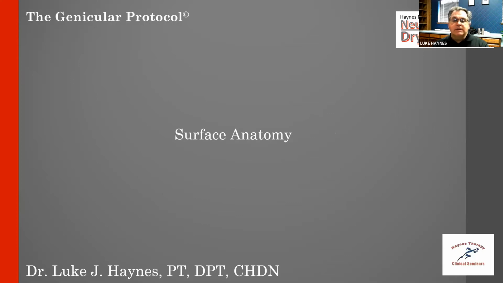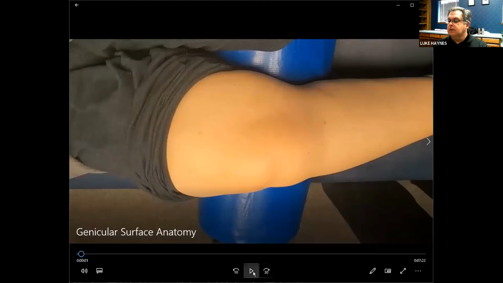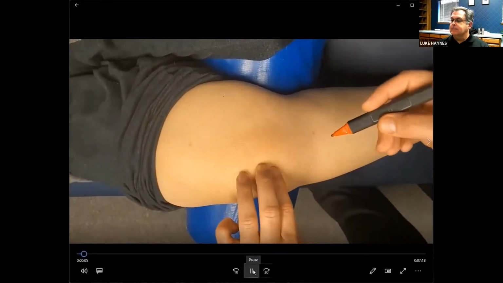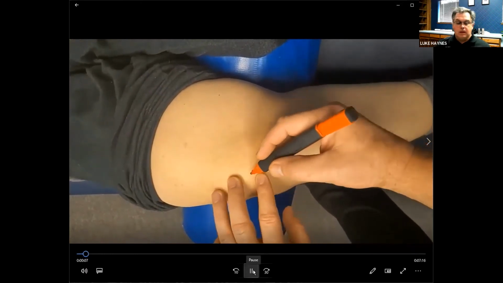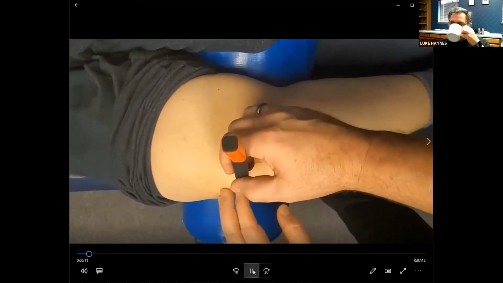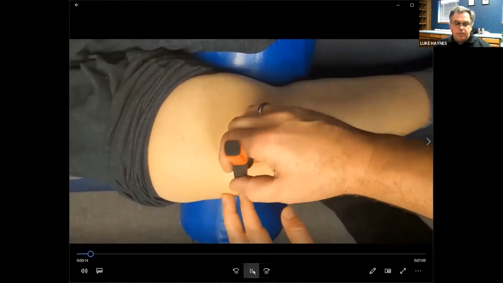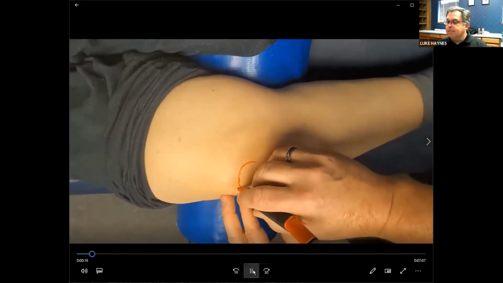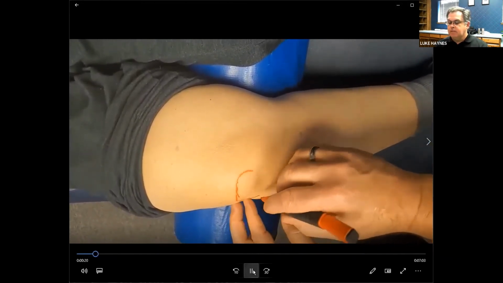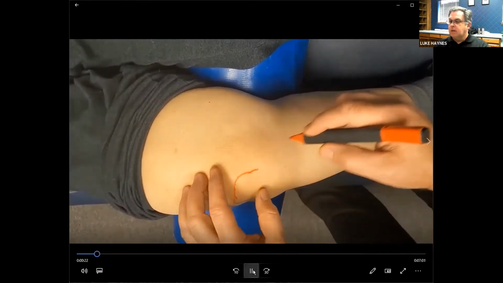So let's now take a look at some surface anatomy. The first thing when we're talking about surface anatomy is we want to outline the patella, and really just the superior aspect. And most specifically, the superolateral border. And some of our needling landmarks are associated there.